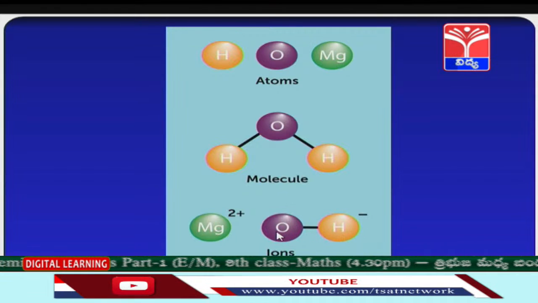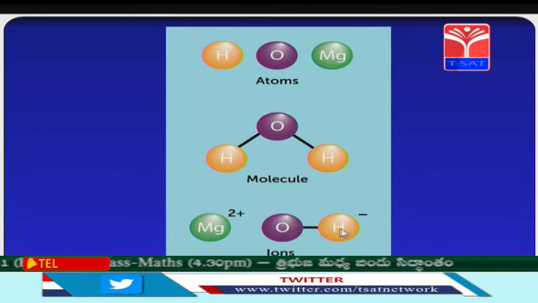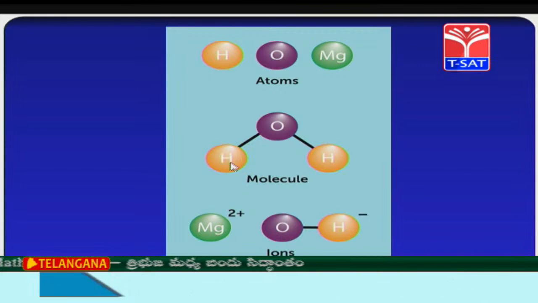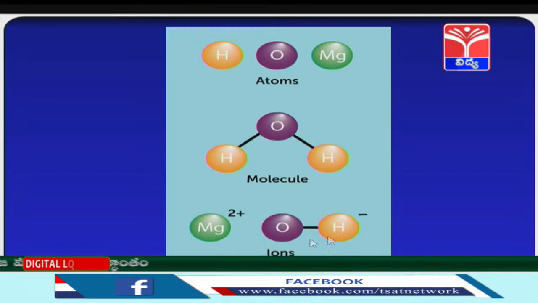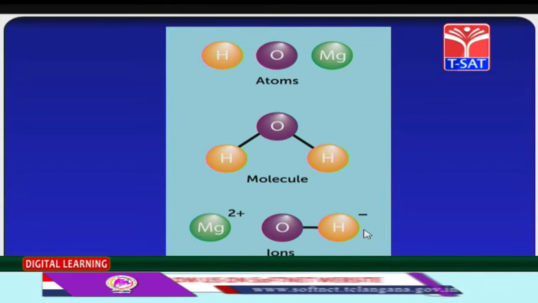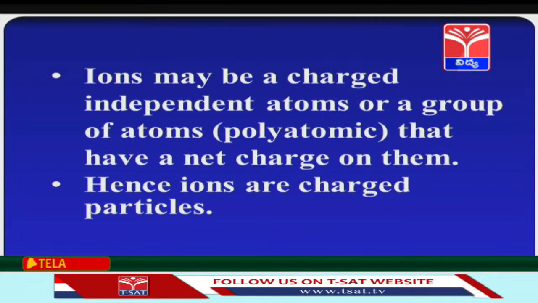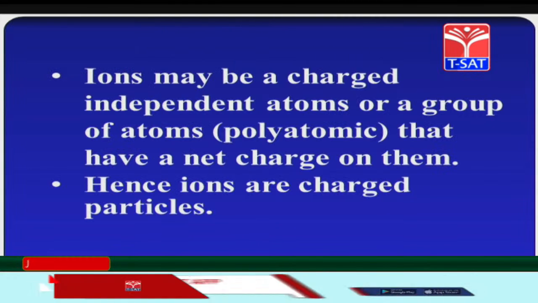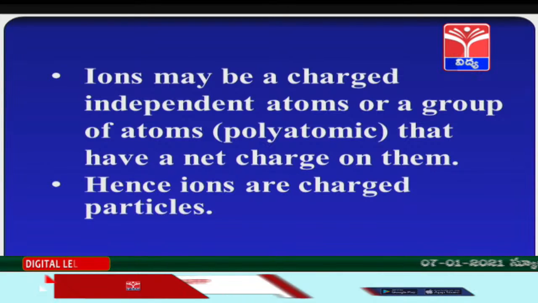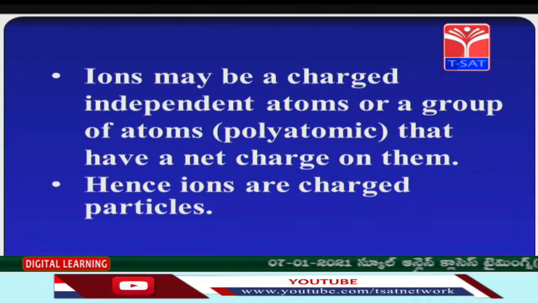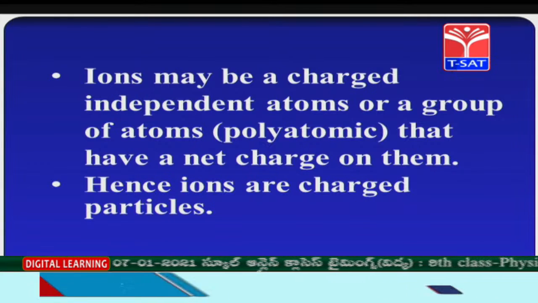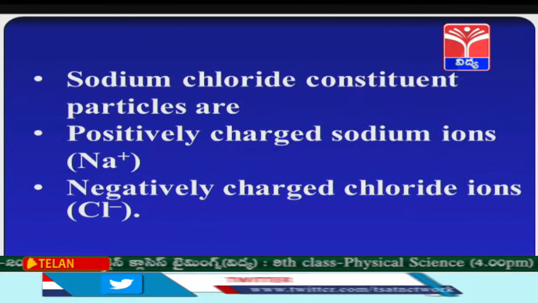Here oxygen is combined with only one hydrogen. What happened to the other hydrogen? It was removed, and now this gains a negative charge. So, we call it the hydroxide ion, OH minus. Ions may be independent charged atoms or groups of atoms, that means polyatomic ions. Just now we have seen the OH minus ion. These ions are called charged particles.